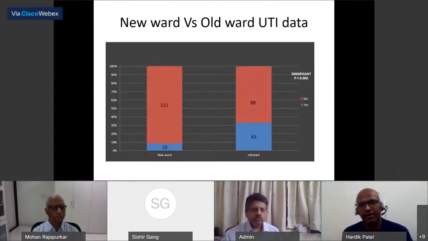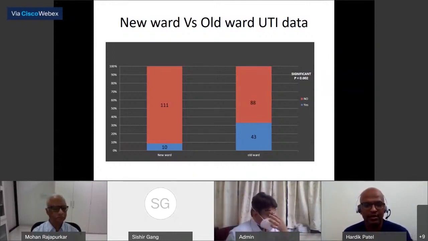So finally, what we started doing is shifting the patients immediately after transplant to the special ward, till we had our new transplant ward, which is now functional, and it has a separate cabin and separate toilet and bathroom for each and every patient.